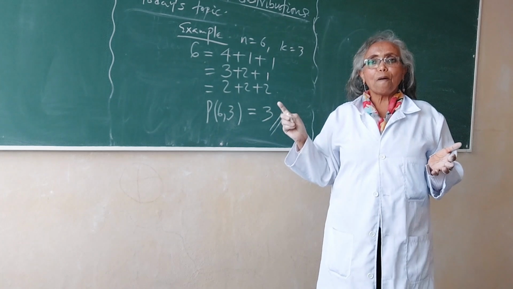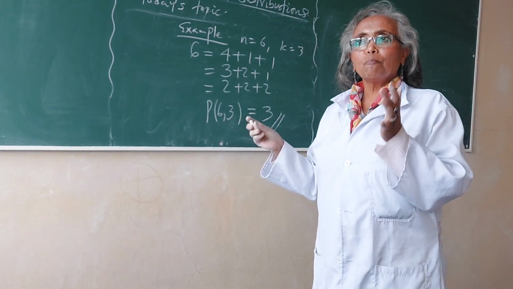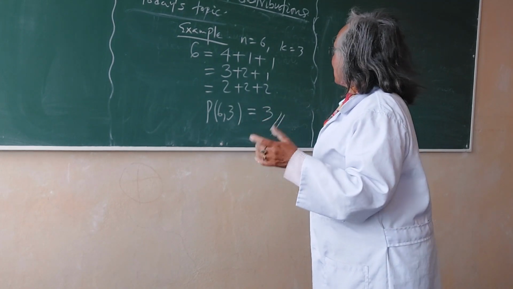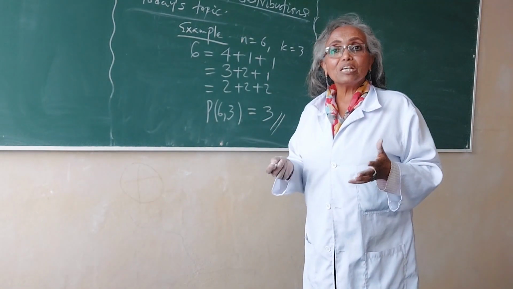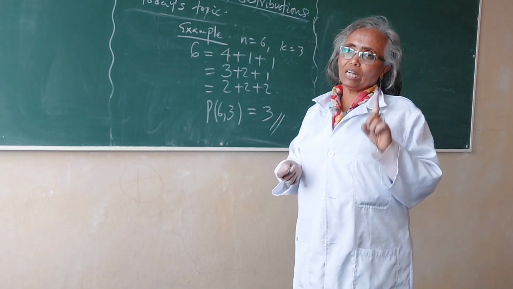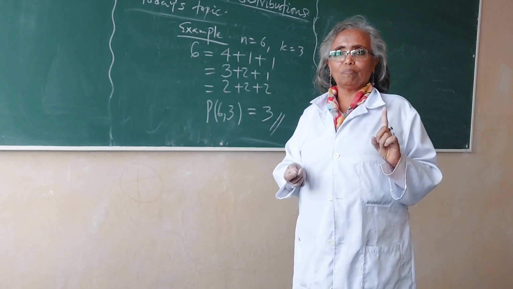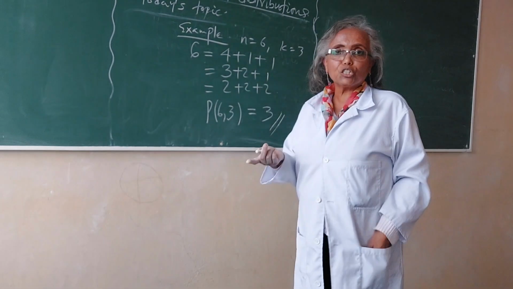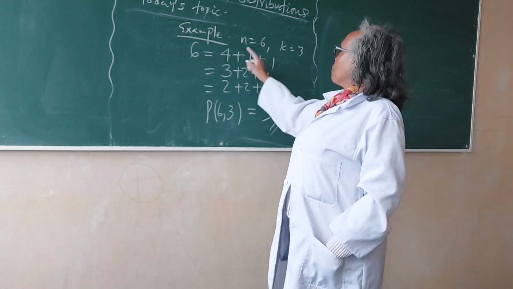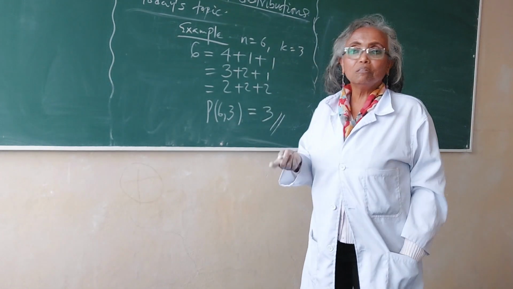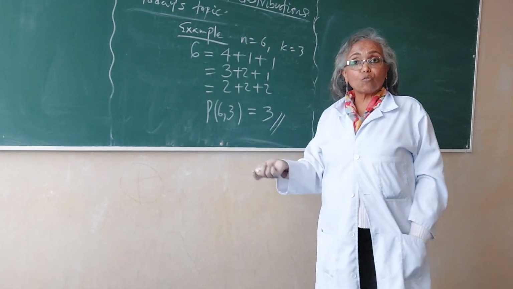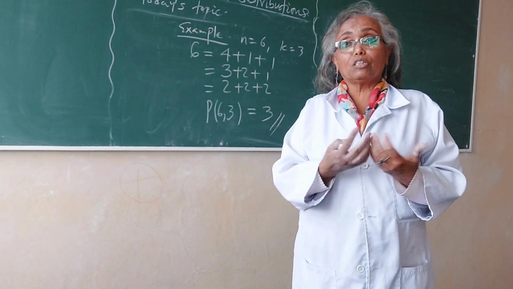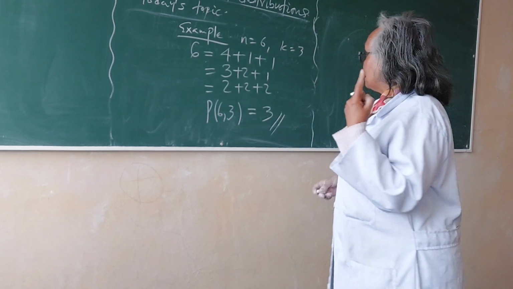It's an expression which gives us 6 as a sum of k positive integers where order is not considered at all. So 4 plus 1 plus 1 is a partition, as 1 plus 4 plus 1 is a partition, or 1 plus 1 plus 4, but those three partitions are considered to be 1.